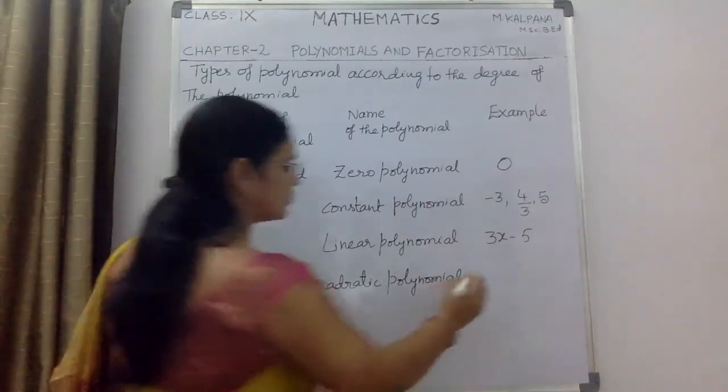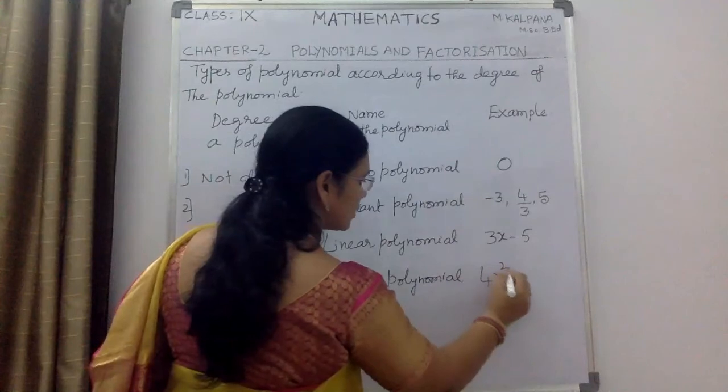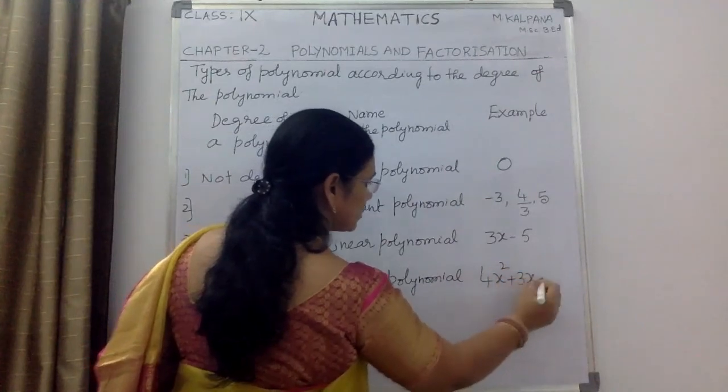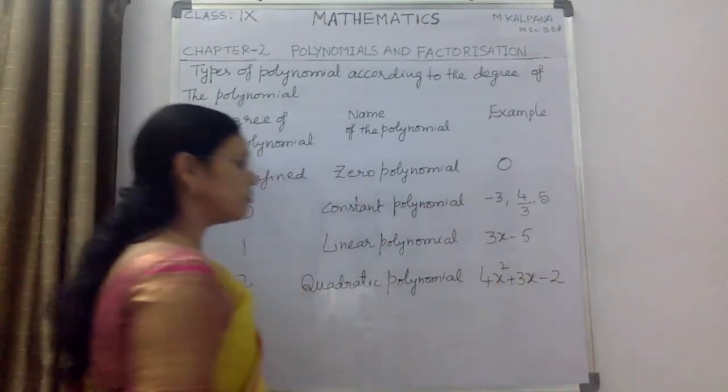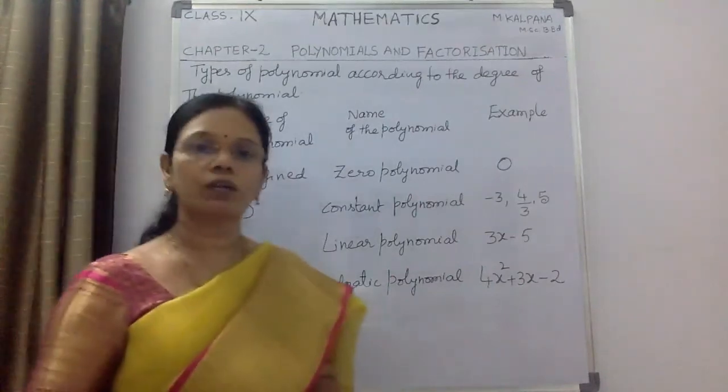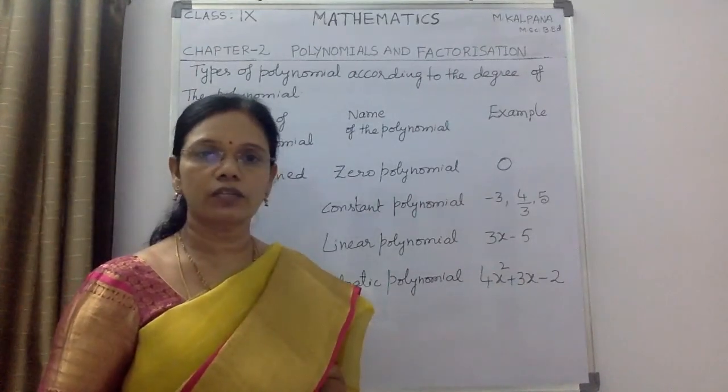So here 4x square plus 3x minus 2 is an example for that. You can also give some more examples for the quadratic polynomials.